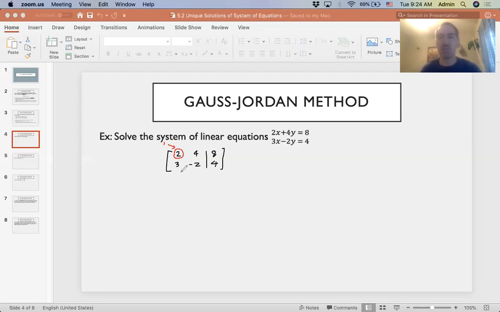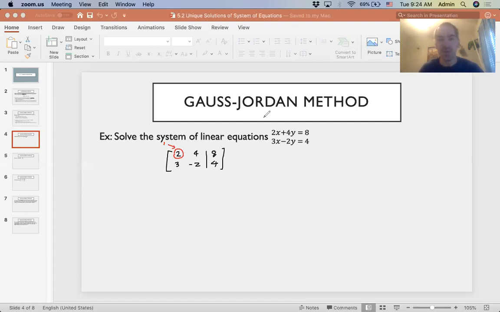So instead, we want to use that second row operation. We want to multiply the first row by a constant. We want to multiply the first row by the multiplicative inverse of 2. And you know what a multiplicative inverse is. It's the number that when you multiply it by 2 gives you 1. 2 times what is 1?